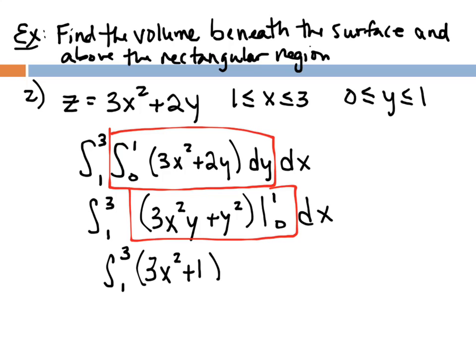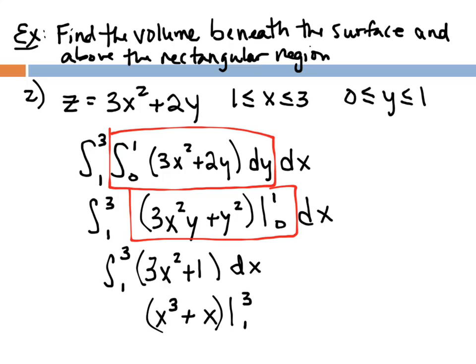Now we're going to integrate from 1 to 3 with x as my variable. What is the integral of 3x squared? x cubed. And then we've got the plus x. Very good. We evaluate this at 3 and 1.